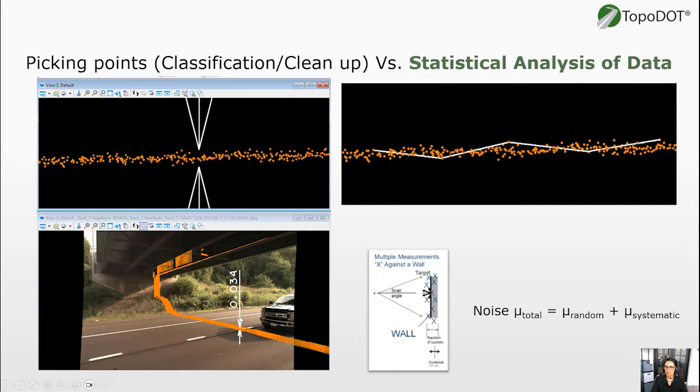And the way to do this is not by picking points out of the point cloud. Picking points out of the point cloud, you could be just randomizing the selection of your points, producing more error because you are not accounting for this random noise that every LiDAR equipment or data produced from LiDAR or even photogrammetry has.